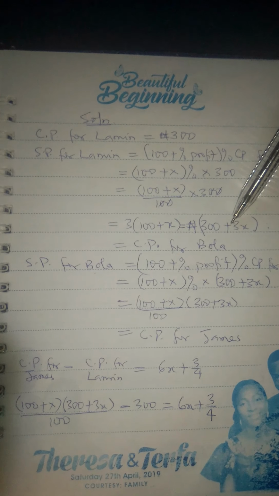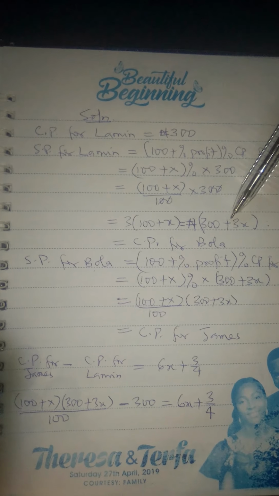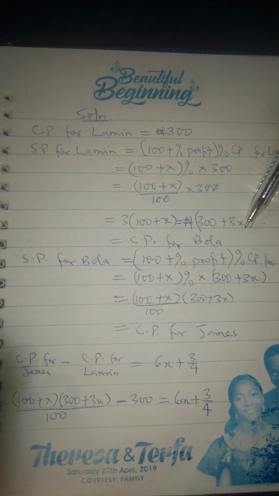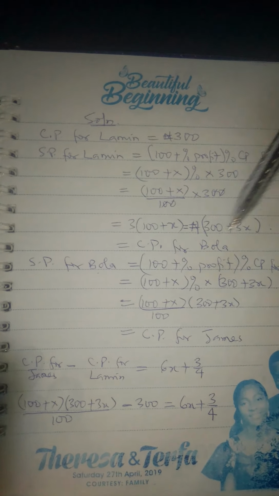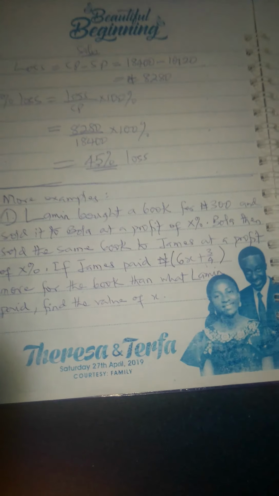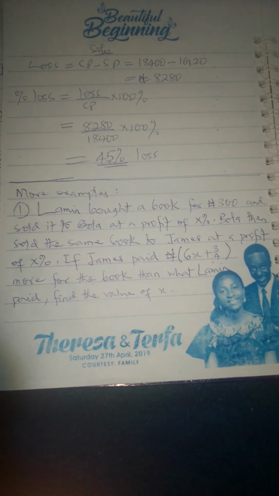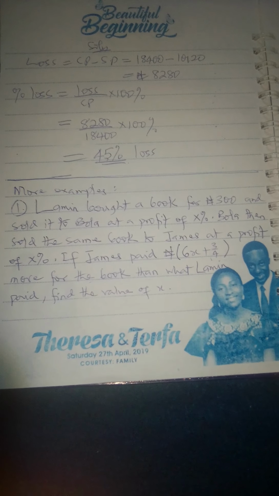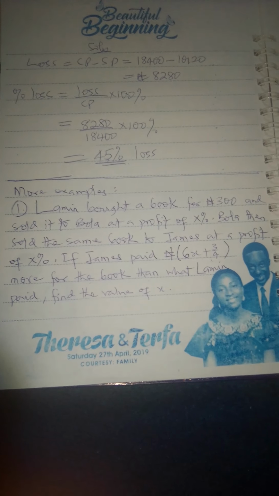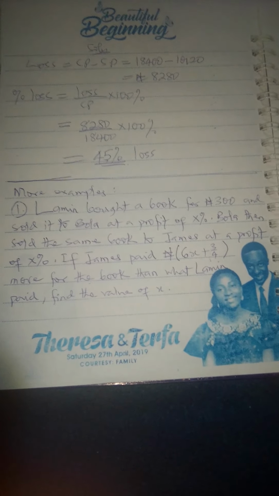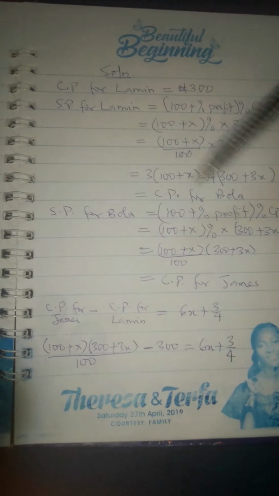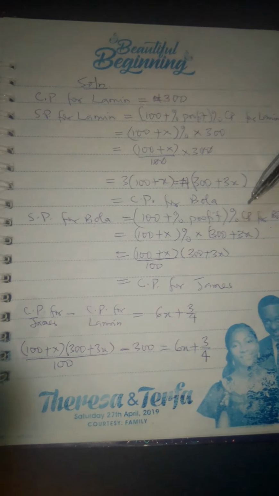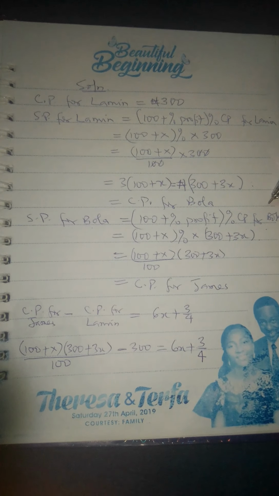And it will also become the cost price for Bola because Lami sold to Bola. Bola bought from Lami at this amount. So, when you go to the second sentence, Bola then sold the same book to James at a profit of x%. Get the selling price, the price at which Bola sold to James. Using the same formula, selling price for Bola will be (100 + percentage profit)% of cost price for Bola.